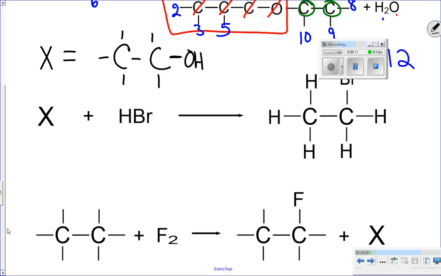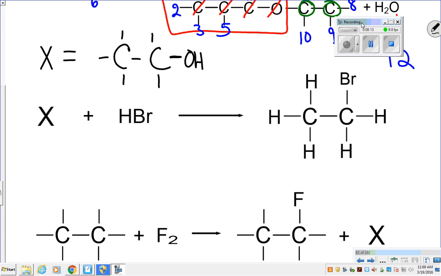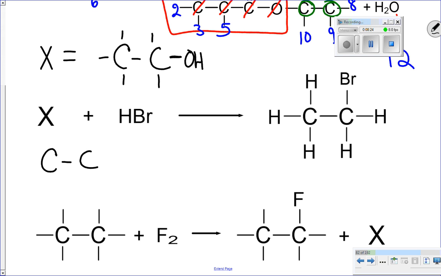In order to have this halide molecule, our X that is our reactant, and again, you can identify that this is going to be an addition reaction, we have to have a reactant that has 2 carbons in it. That reactant also has to have 1, 2, 3, 4, a total of 5 hydrogens over here.